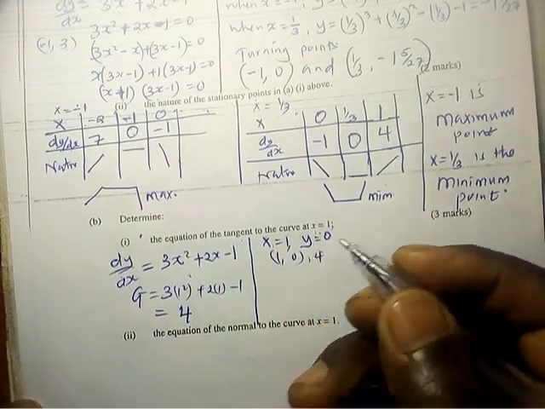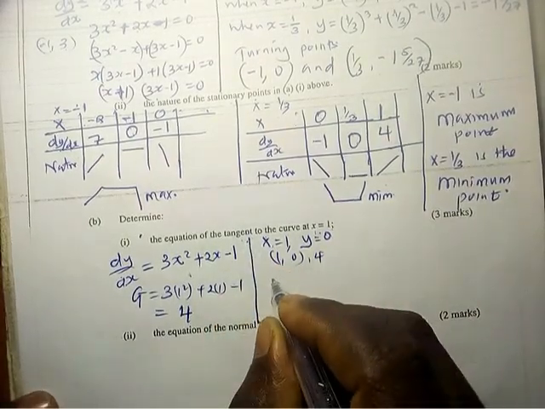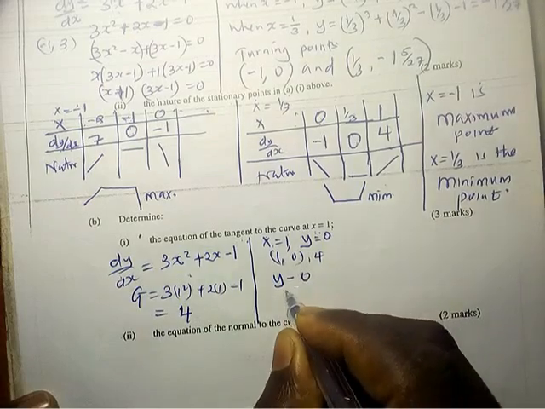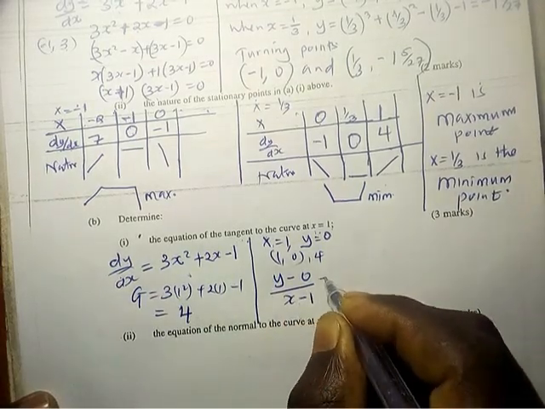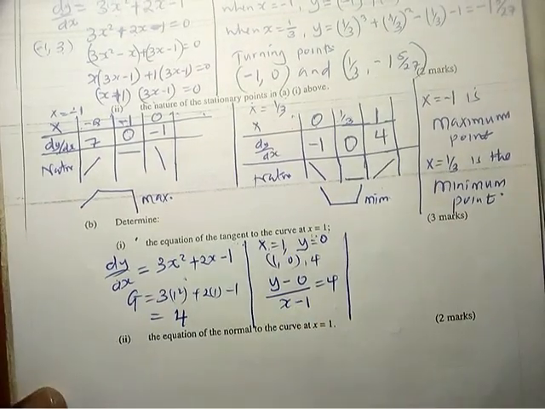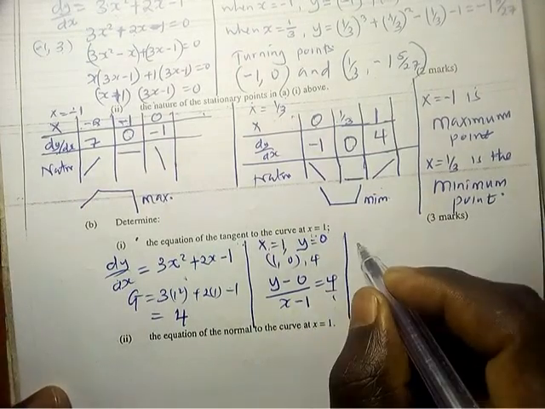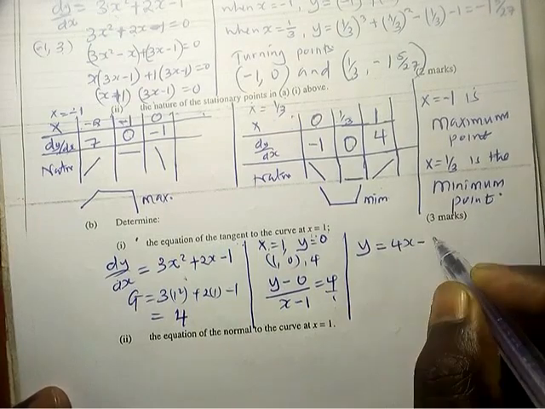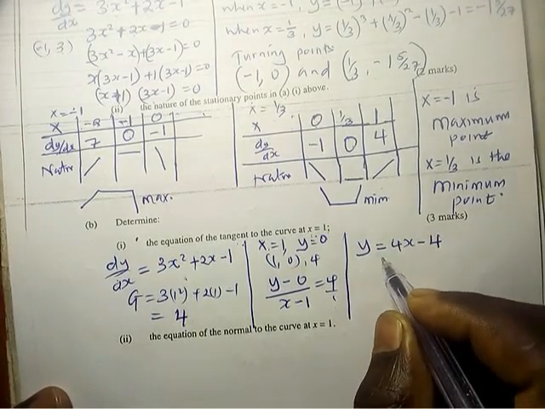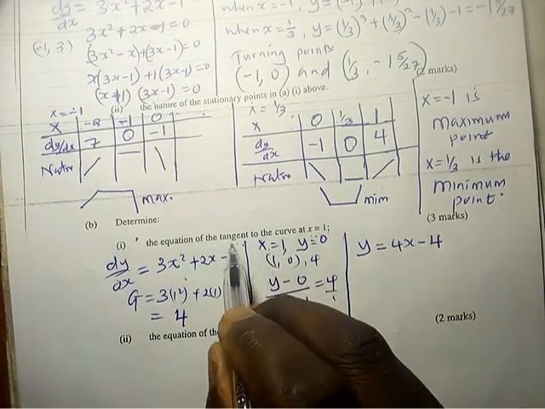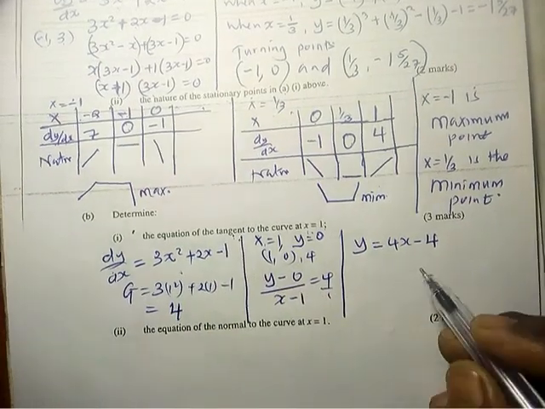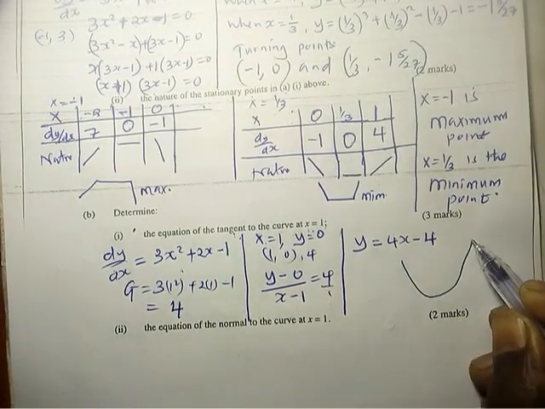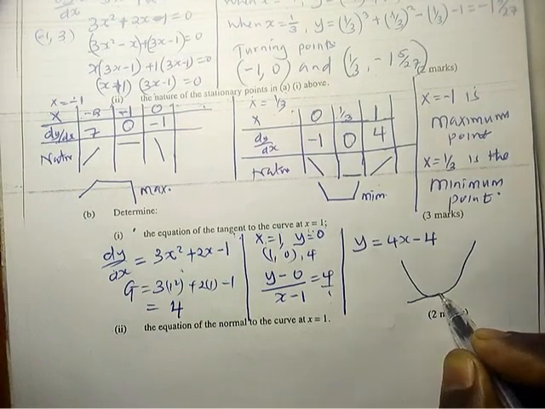The gradient is 4. We want the equation of the tangent. So we will have (y minus 0) over (x minus 1) equals 4. What we are looking for is the equation. So that's y is equal to 4x minus 4. And that is the equation of the tangent. Remember, tangent to the curve, if this is the curve, the tangent is this line.